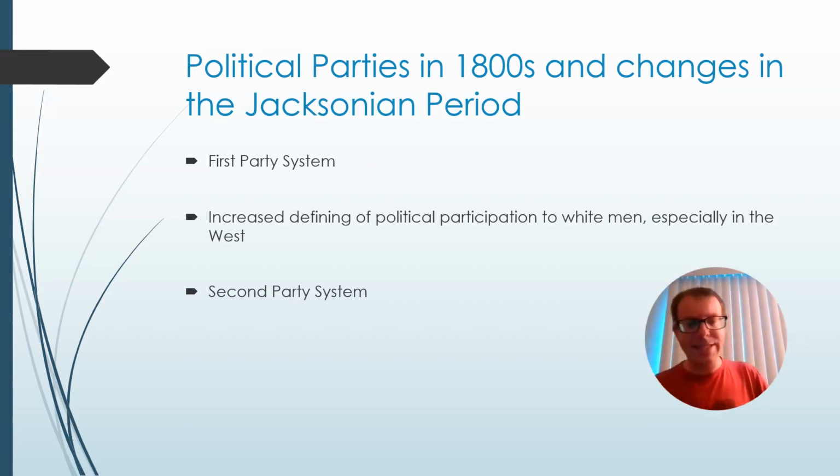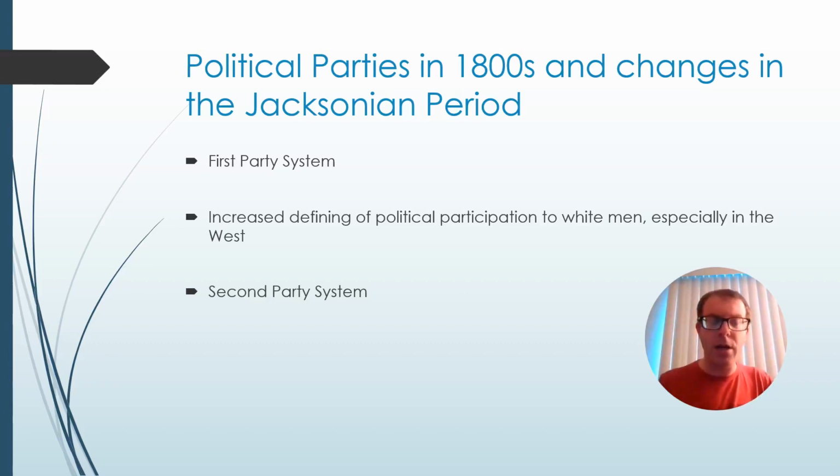But as the United States expands westward, many of these western states adopt more liberal voting laws, which allows people without property to vote. However, when they're allowing for people without property to vote, they specifically start codifying that you have to be a white man to vote.